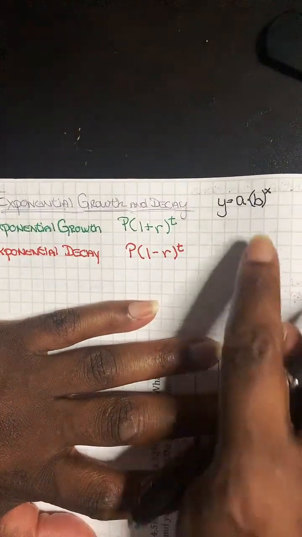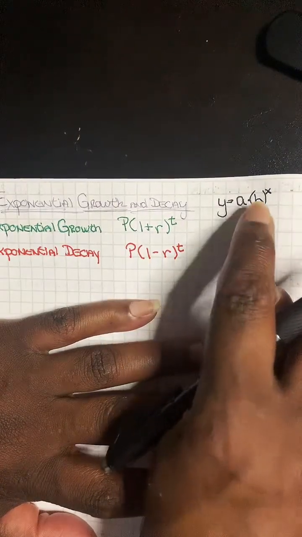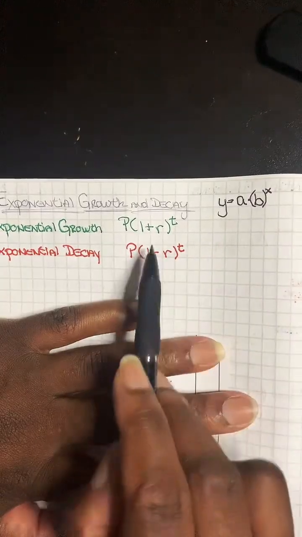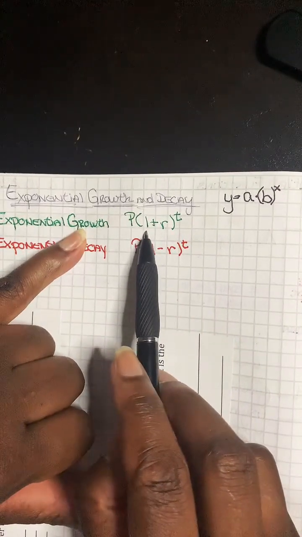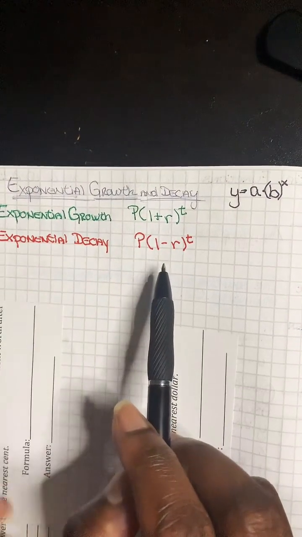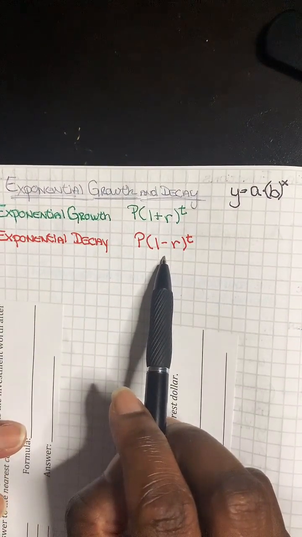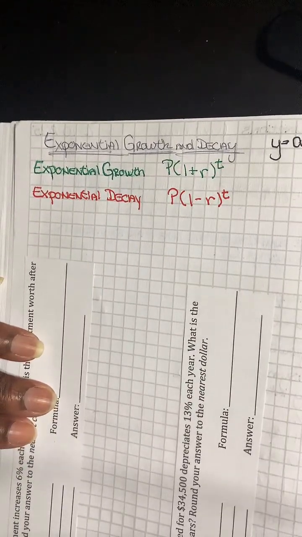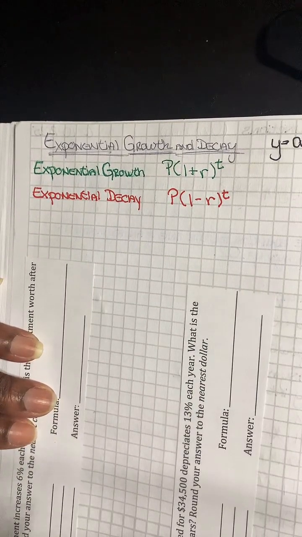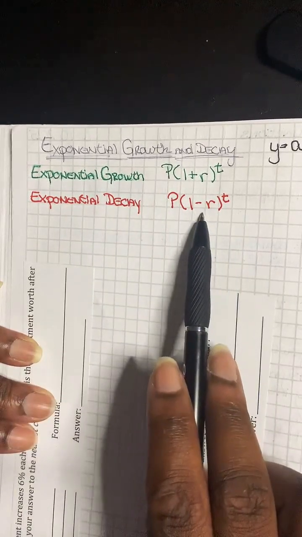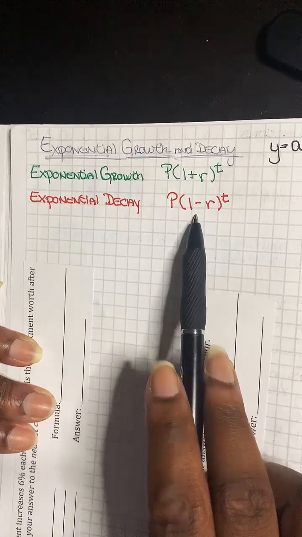But now we're doing some expansion on that b. We're talking about growth when b is over 1, and decay when it's between 0 and 1. When they give us growth and decay problems, we should be referring to this.